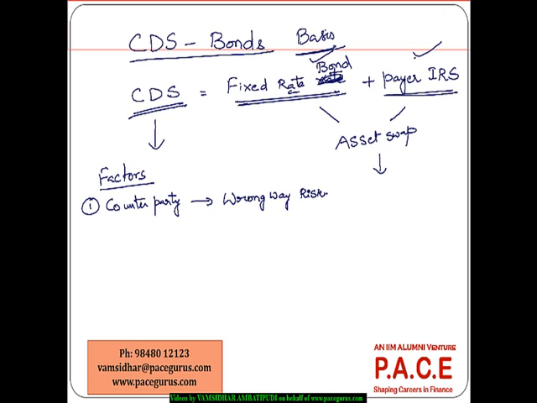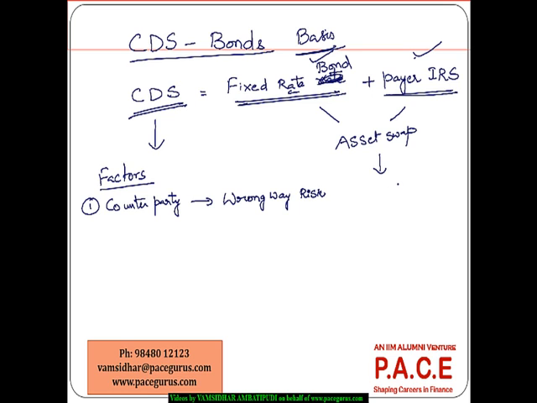A has borrowed from B and B has taken protection from C against the default of A. Now, what is the intention there? If A defaults, C has to compensate B. But when A defaults, what if C also defaults?